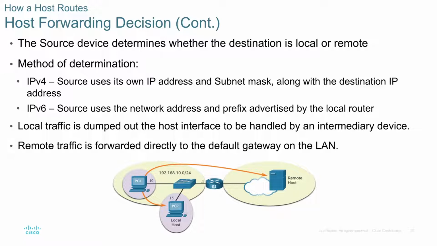Local traffic is dumped out the host interface to be handled by an intermediary device, such as, in this case, the switch. Remote traffic is forwarded directly to the default gateway on the LAN. In this case, our default gateway is the router R1.